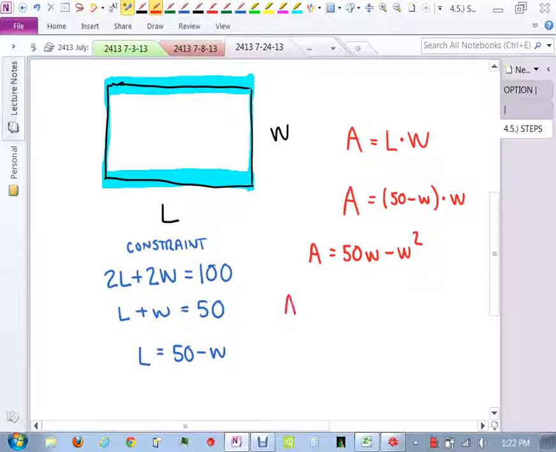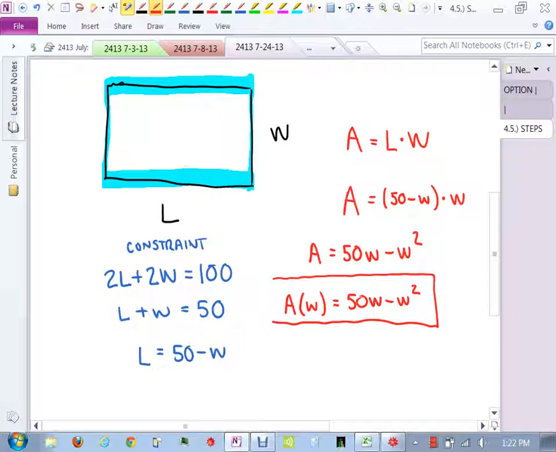And now I'm going to add one more thing. I'm going to write A of W equals 50W minus W squared. All I did by putting A of W in there is stress the fact that now A is dependent upon W. As soon as you tell me what W is, I can tell you the area. I don't need to know L.